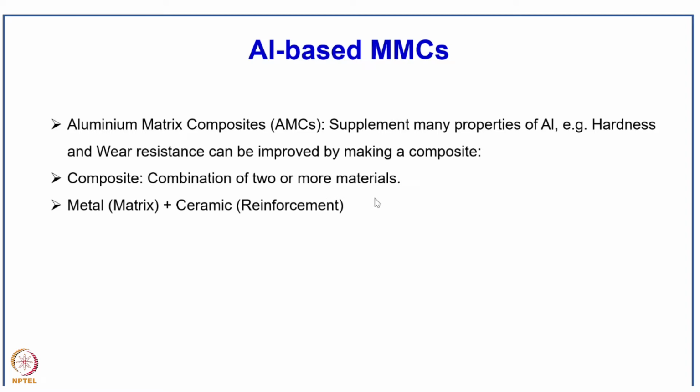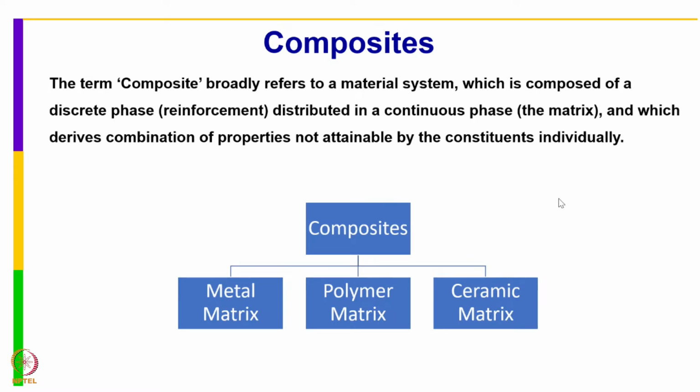Okay, so if you want to define a composite, this is how it can be defined technically. The term composite broadly refers to a material system which is composed of a discrete phase known as reinforcement, distributed in a continuous phase that is known as the matrix, and which derives a combination of properties not attainable by the constituents individually.